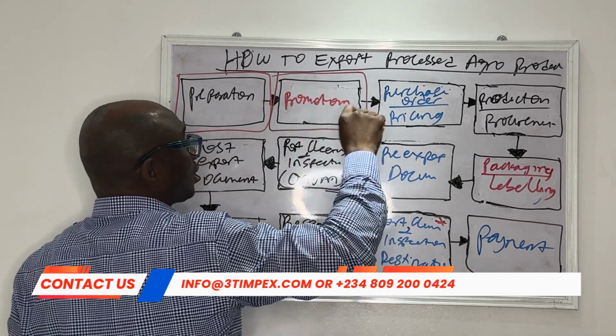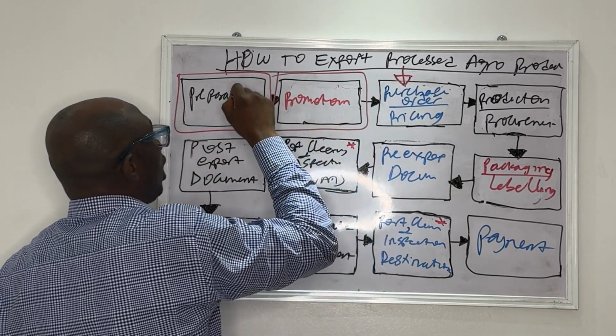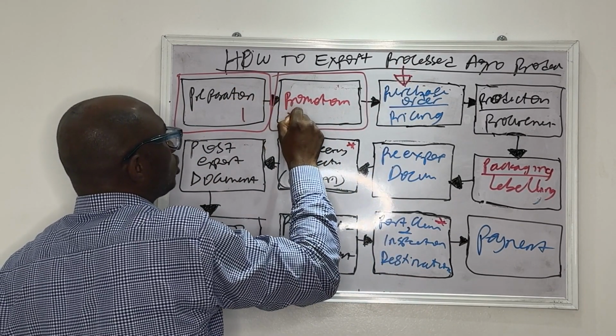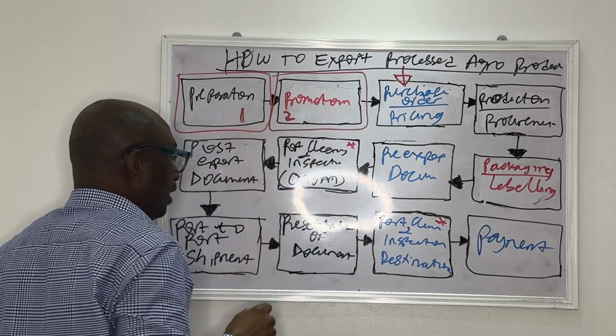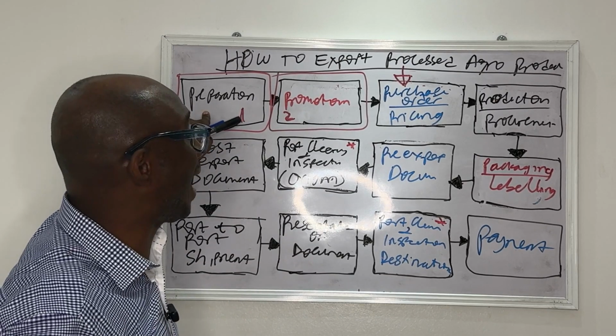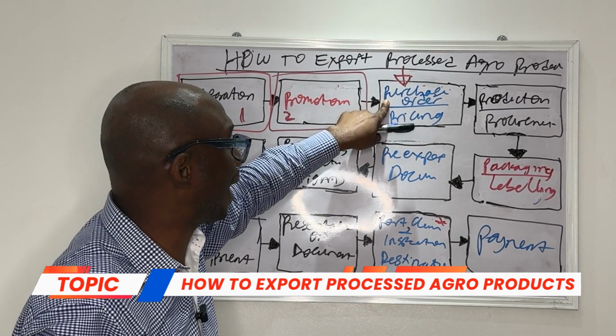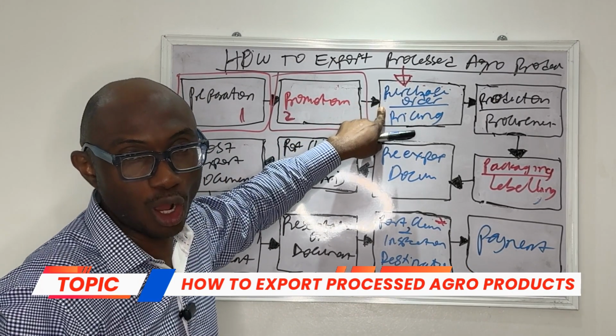In fact, most of the time you might start from this point. Why? Because phases 1 and 2, if you are shipping the same product, will not be required again, because now I have a buyer. I just tell them I'm ready to ship, we agree on price, sign the purchase order, and off we go.